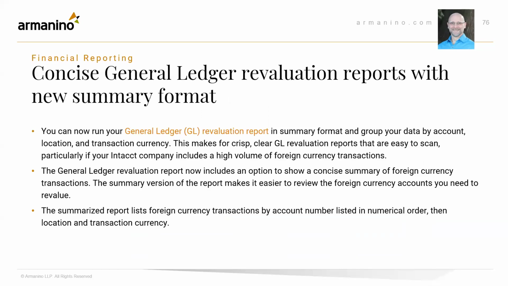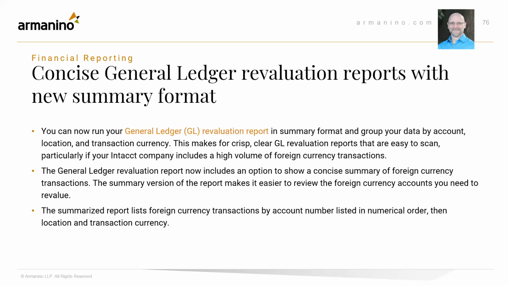They also have concise general ledger revaluation reports with a new summary format now for those that have multi-currency situations. So now there's a new summary format where it summarizes and groups your data by account, location, and transaction currency, which makes for a crisp, clear GL revaluation report that's easy to scan, particularly in companies that have a high volume of foreign currency transactions.